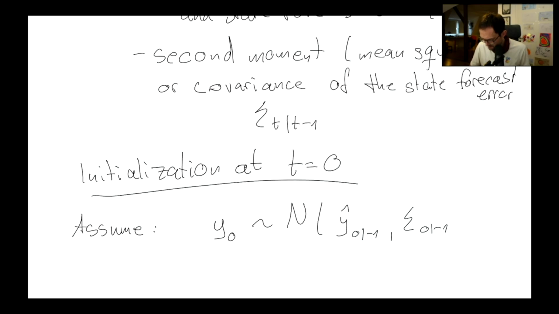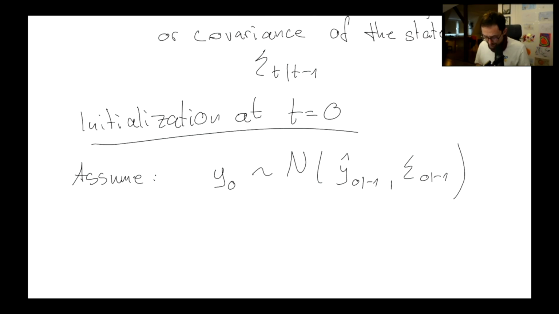And I'm going to use our notation for conditional expectations, but typically we don't condition on t minus 1 because there is no t minus 1. So you will very often find that this will be a normal distribution with some mean and some covariance matrix. But let's for now assume that we know these values. Okay, so in principle, any mean vector, any covariance matrix works here.